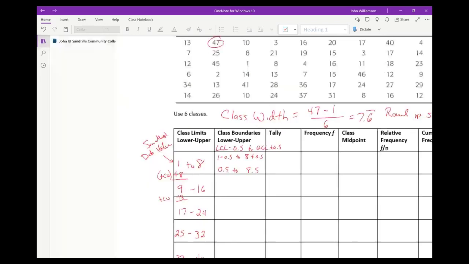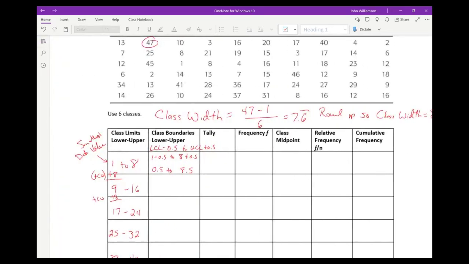So we're going to use the class limits as the actual boxes. The class limits are what we're using to put the items into the boxes, but these are what we're going to use to graph later on. So when we're actually graphing. So the limits are for boxing or for sorting. These are for graphing.